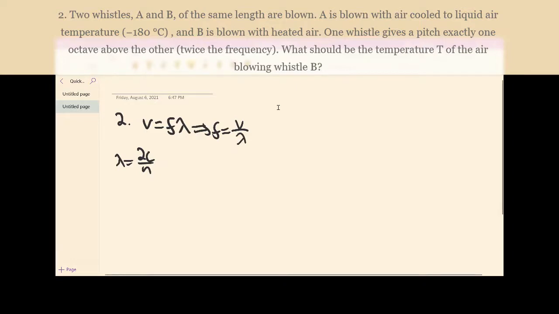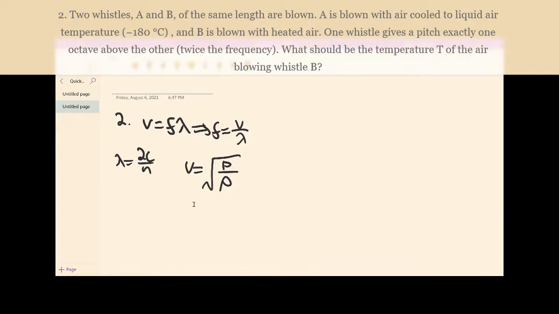And n is just some integer. It can be a lot of different integers. So then we know that f only depends on v. And v is basically the square root of p over rho, where p is the pressure and rho is the density. You can verify for yourself using dimensional analysis that this is indeed equal to the velocity.